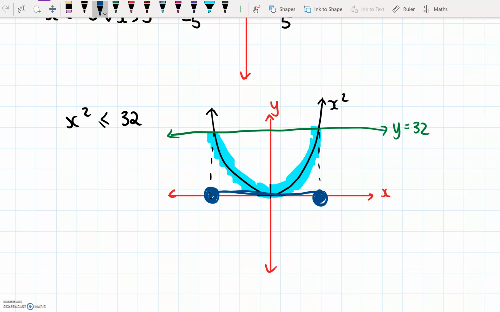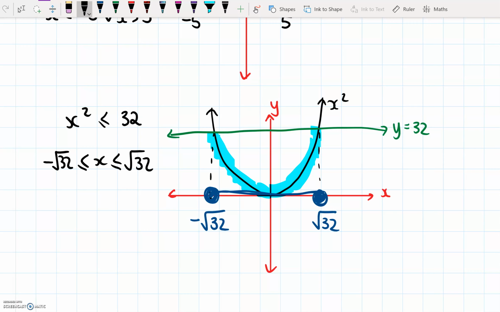I said we want this in exact form, so the left one is going to be the negative square root of 32, and the right one is going to be the square root of 32. As we said, x is in between them.